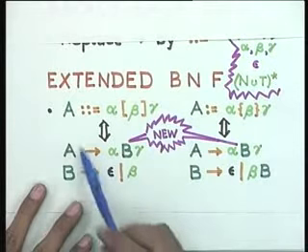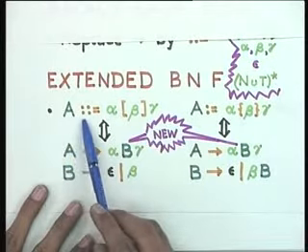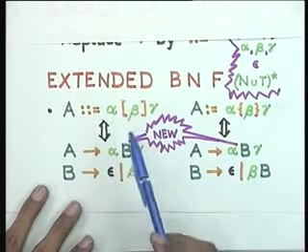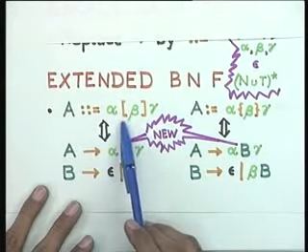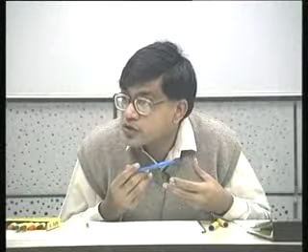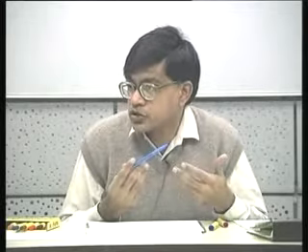If you had a production of this form, A goes to alpha, note that as usual I am using my light brown brackets for the Backus-Naur form notation, or for the context free grammar notation.